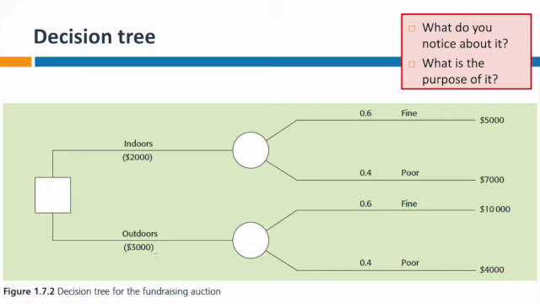Then, as you can see, it leads us to a circle. And from that circle, we have some other branches coming out. One says fine, one says poor, again, fine, poor. Maybe it's not clear from the actual wording here, but I'm going to tell you that it's referring to the weather.